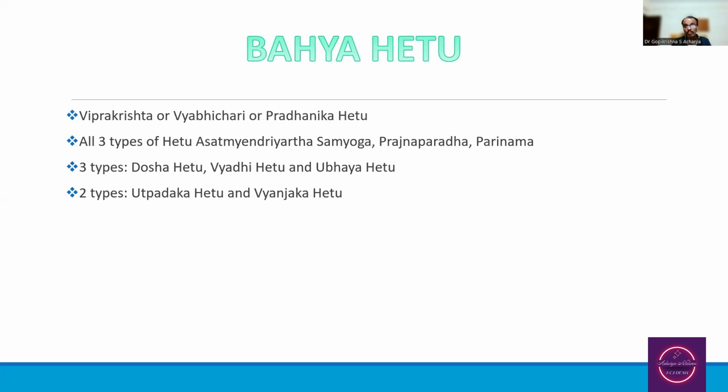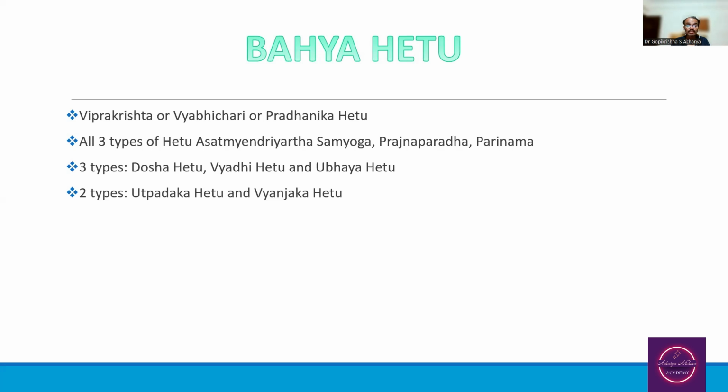As far as the Bhakya Hetu for Kapha Dosha are concerned, all the Nidanas mentioned in the Kapha Dosha Nidana aspect in Madhukosha are categorized under Bhakya Hetu. They can otherwise be considered as Viprakrishta Hetu, Vibichari Hetu or Pradhanika Hetu.